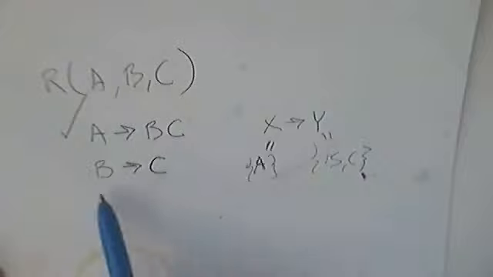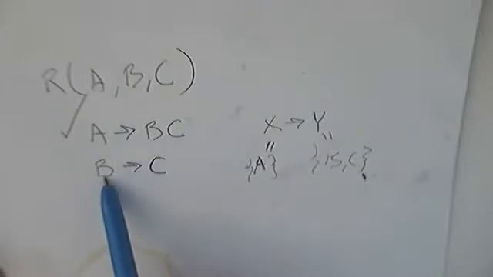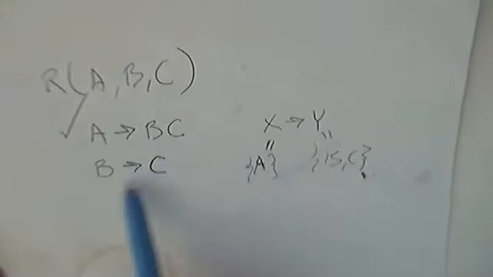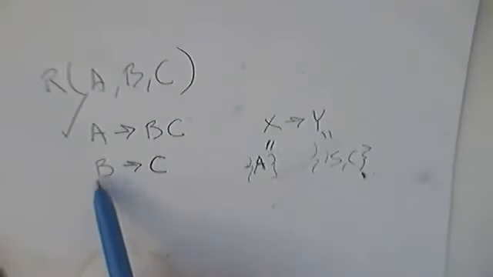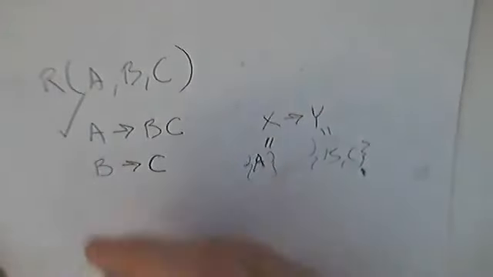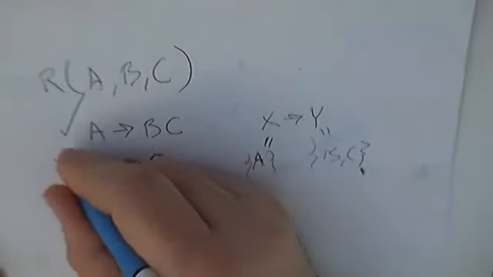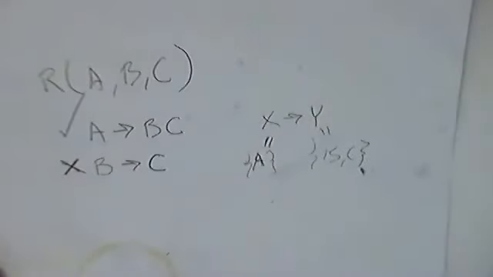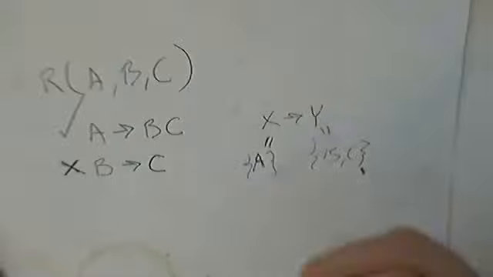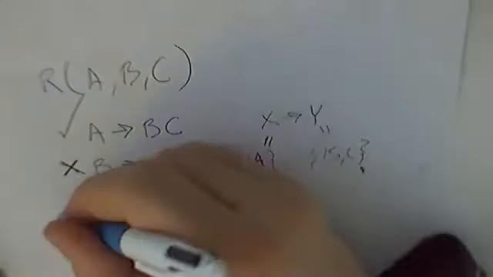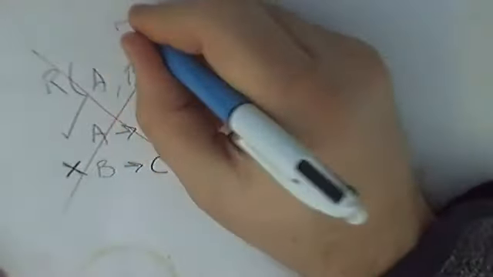Now, in this case X is equal to B. Given these functional dependencies, is B a superkey of this relation? No, it's not. Therefore, reject, you are not in BCNF.